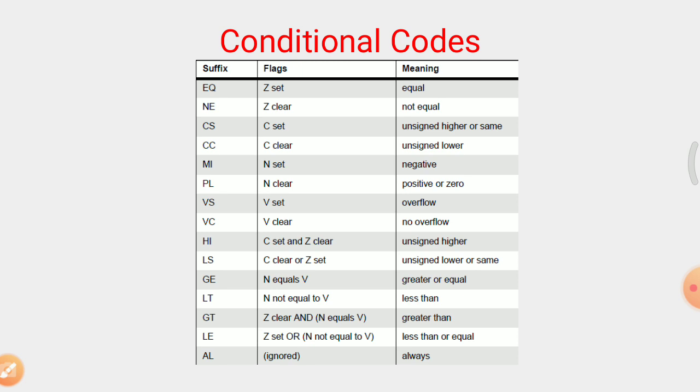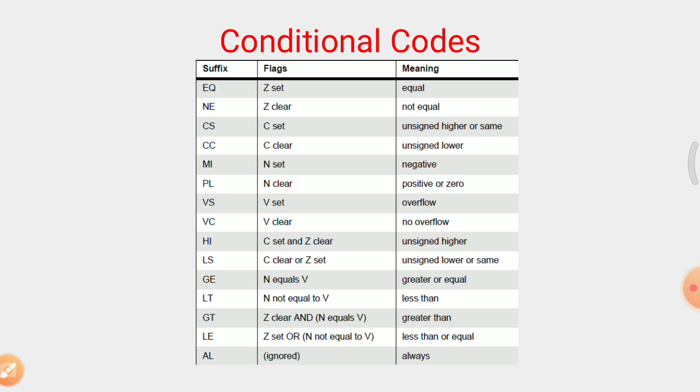Then we have LS, an unsigned lower or same. So the condition for this code is C should be clear and Z should be 1. For example, GE is greater or equal.